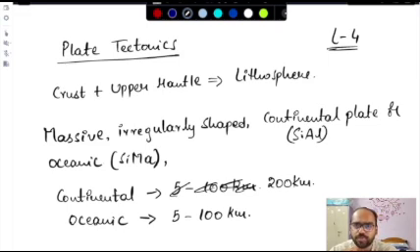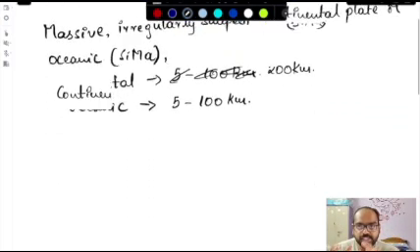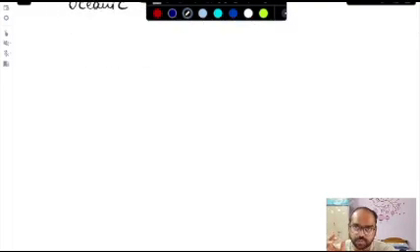We have to remember only a few of the important minor plates, like Nazca, Arabian plate, and so on and so forth. Okay, and the map of these plates is given in your NCERT textbook itself. So it's a very good illustration about the plates. While I'm explaining this, you look into that map so that you will get a clear understanding about what to study or what not to. Okay, and yeah, I will show you a map here.